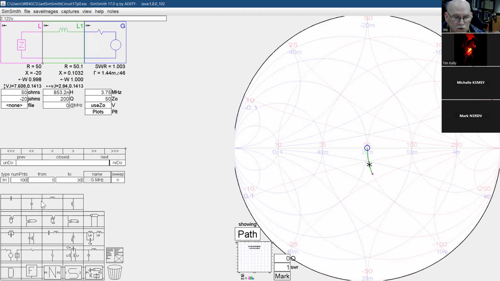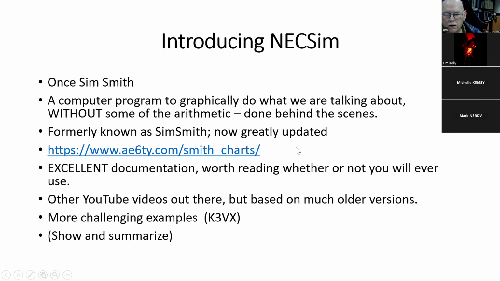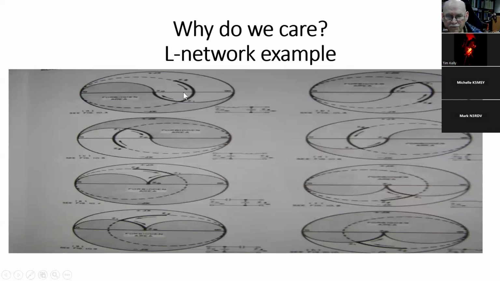Now, you could do this randomly, but if you go back to here and develop a strategy, this tells me that I need a shunt reactance on an admittance circle and then a series reactance on a resistance circle.